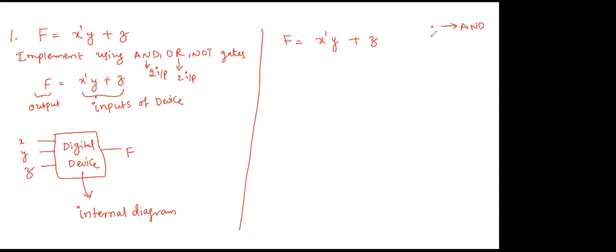Next, addition indicates OR gate. Next, complement, A dash or A bar, indicates NOT gate. Remember this. Based on this information, you need to draw the internal diagram.